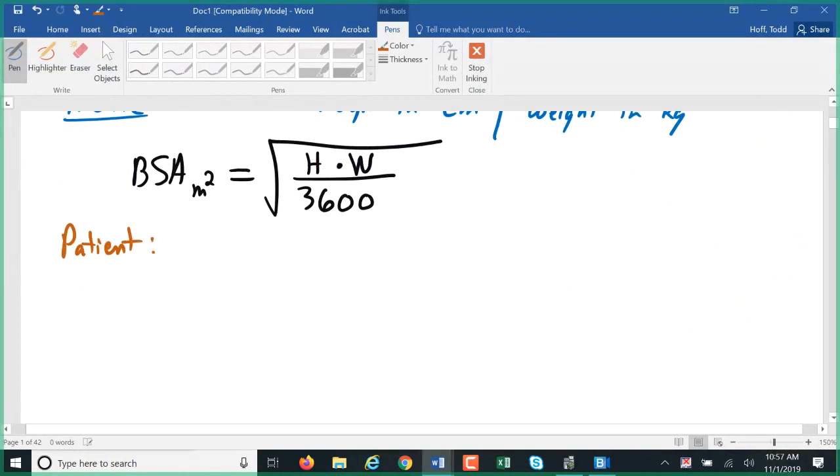So let's say that we have a patient that is 190 centimeters tall and 90 kilograms.